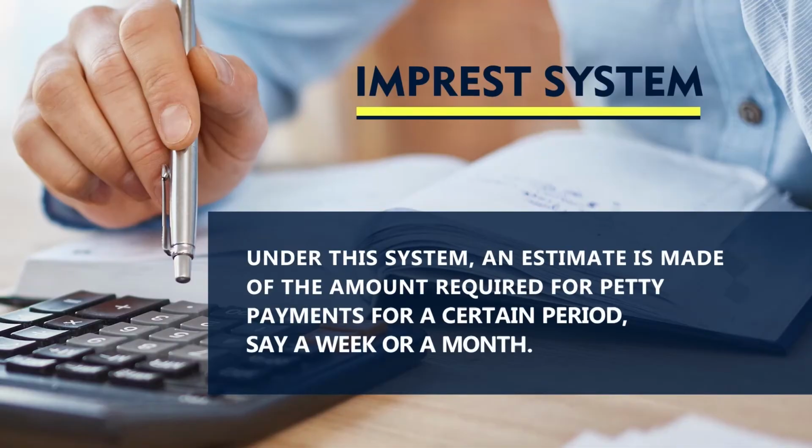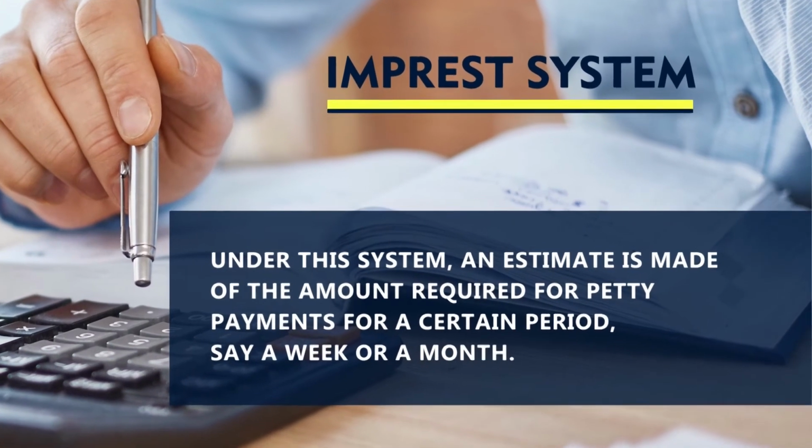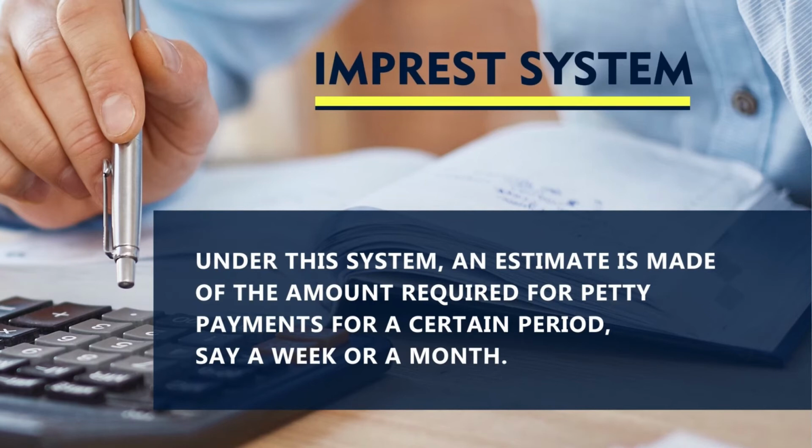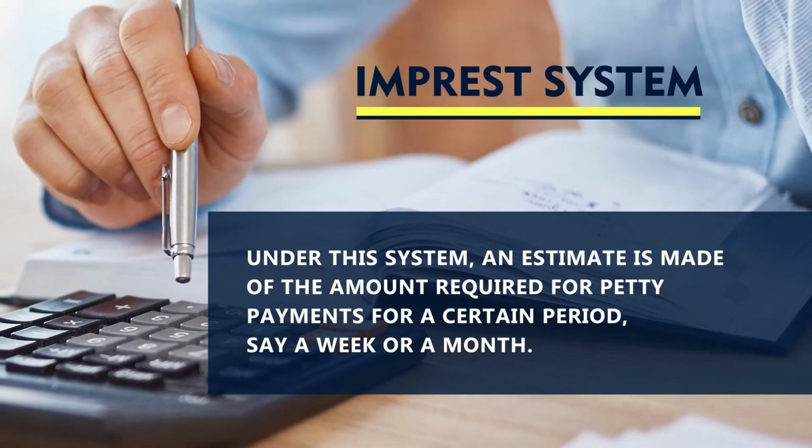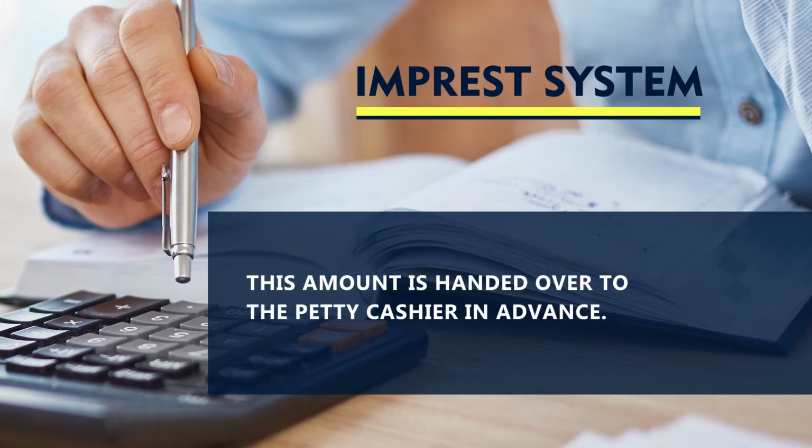Under this system, an estimate is made of the amount required for petty payments for a certain period, say a week or a month. This amount is handed over to the petty cashier in advance.